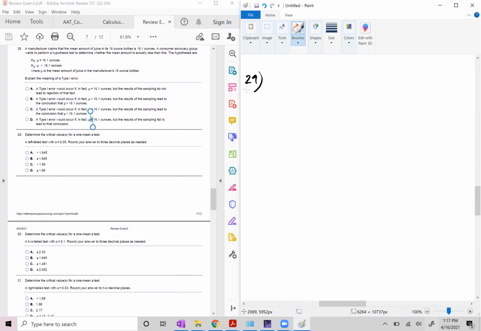29. Determine the critical values for one mean Z test. What we have done up to now in these questions is building up the null and the alternative.